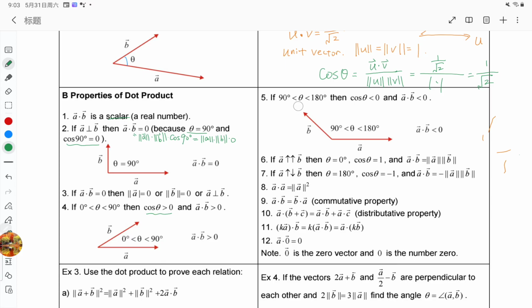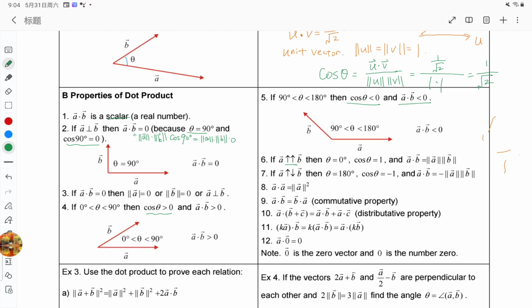And again, it's saying that if theta is between 90 and 180, then cosine theta is negative, so the inner product is negative. Just understand it, right? And then if A and B are parallel and in the same direction, like a direction arrow going up, right?